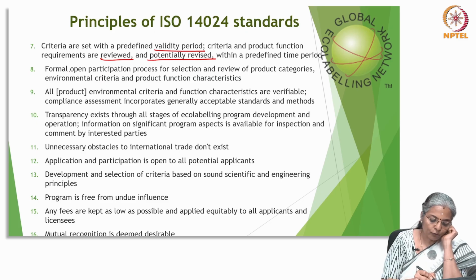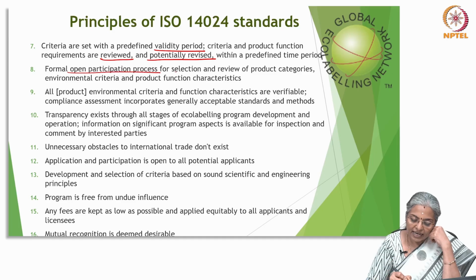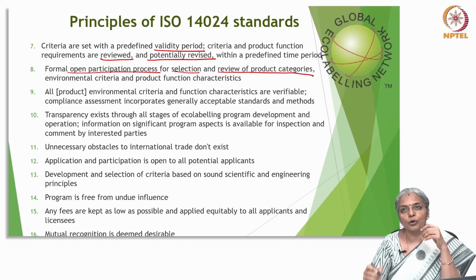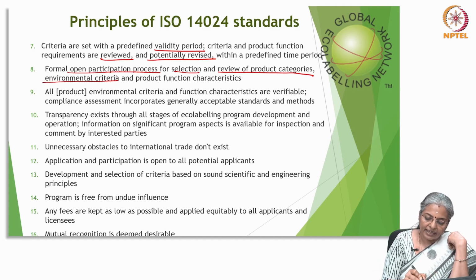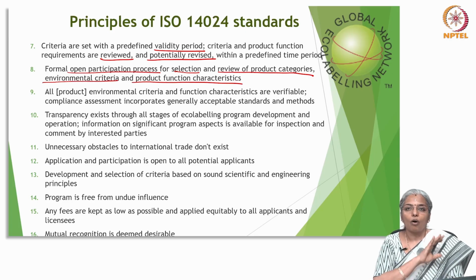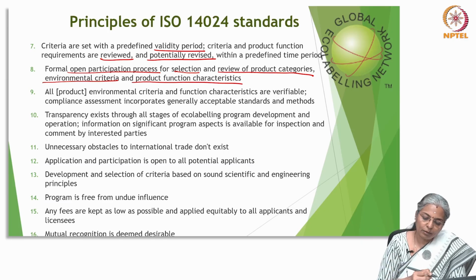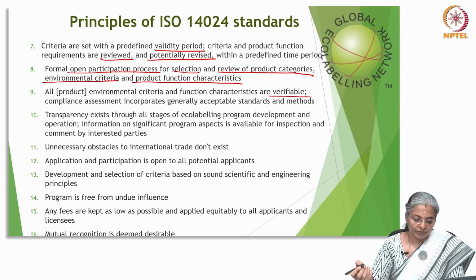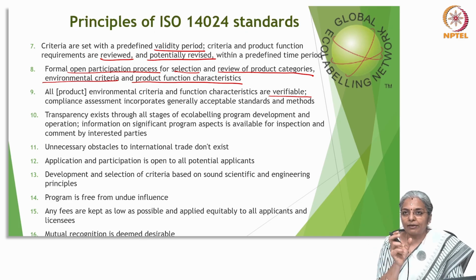Also, there is a formal open participation process for selection and review of product categories, environmental criteria and product function categories. All the environmental criteria and function characteristics of the products will be verifiable. For example, if you say the product consumes only so much energy, that will be verified.